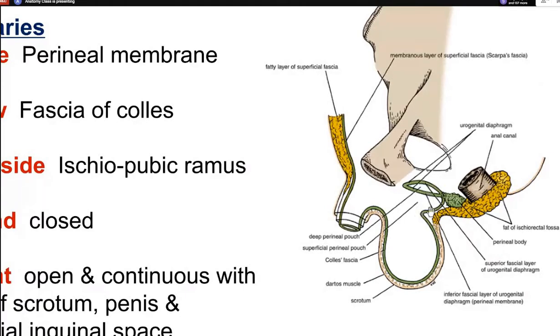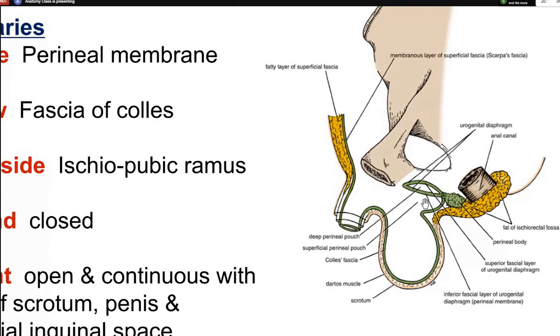So when you have a rupture of the urethra below the urogenital diaphragm, or below the deep perineal pouch, or you can say if there is a rupture of the urethra in the superficial perineal pouch, the urine will collect in the superficial perineal pouch.